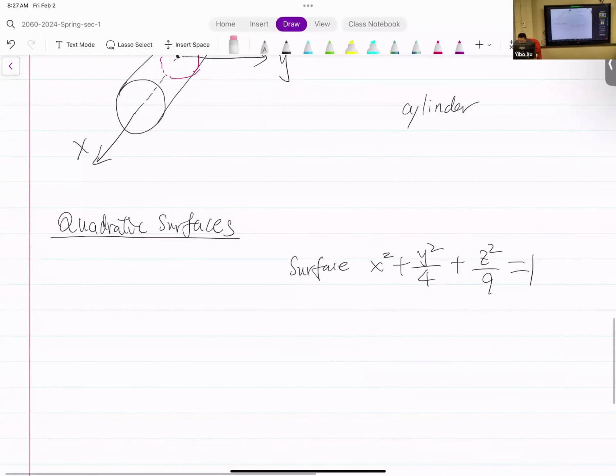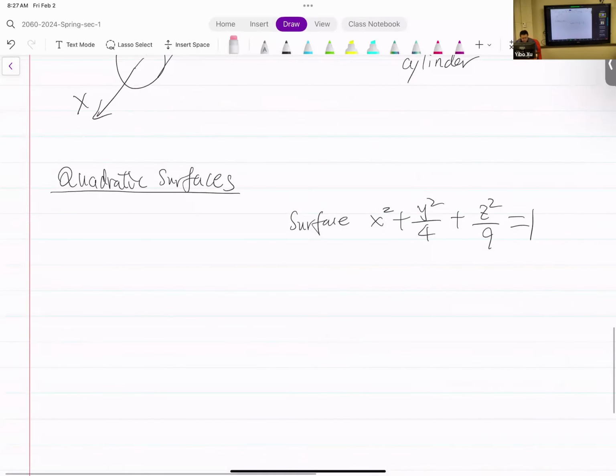Now if you think about it, if you make z equal to 0, you will have an ellipse in the xy plane. Now if you instead make x equal to 0, you will have another ellipse in the yz plane. And this is very interesting. So what does it tell you? If you make z equal to 0, you will have an ellipse, which is a horizontal one.